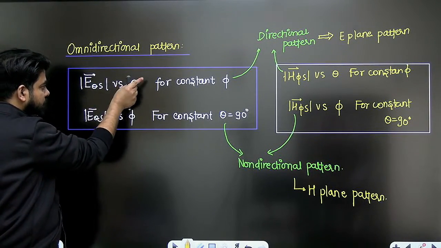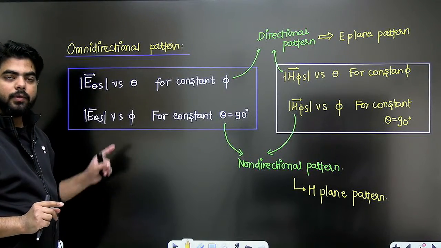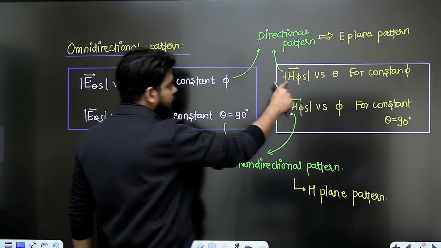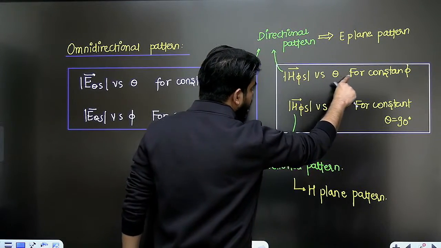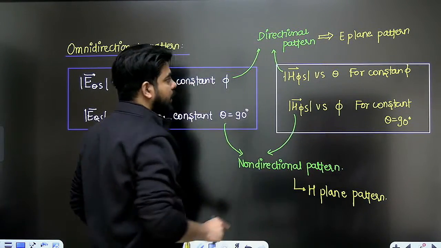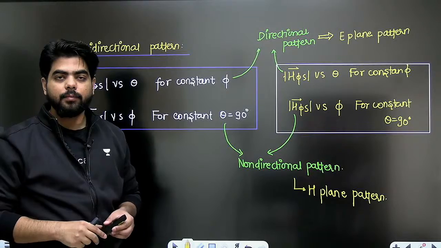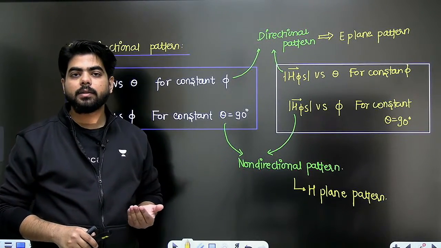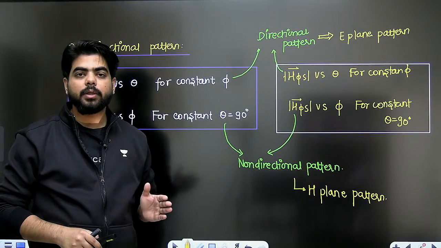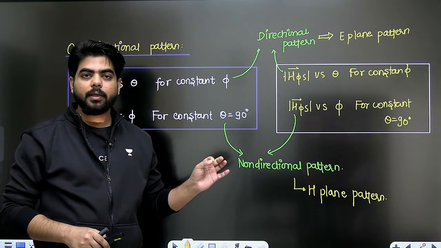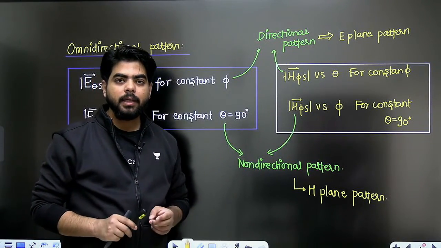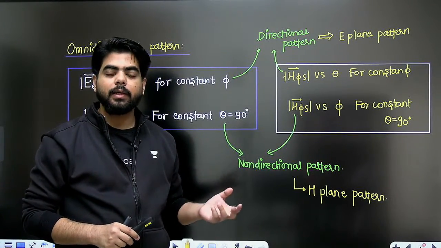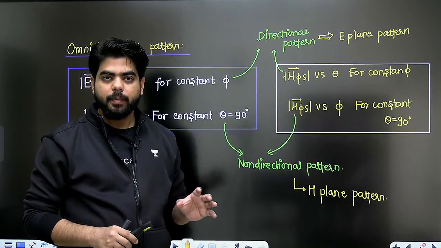So when you are plotting E theta s versus theta and taking phi constant, or similarly plotting H phi s versus theta for a constant phi, this will always be categorized as the E plane pattern, because the E plane pattern means the electric field has the a theta cap direction, and if you are plotting with respect to theta, then that particular pattern is called the E plane pattern. Similarly, H has the direction of a phi cap, and if you are plotting anything versus phi, then that pattern is also known as the H plane pattern.